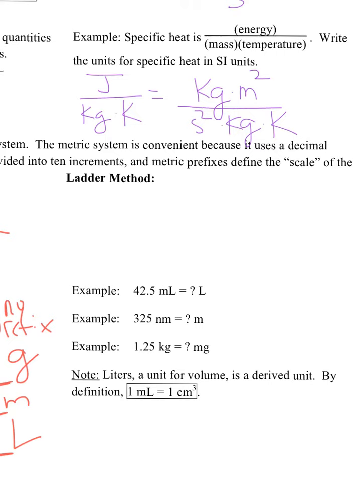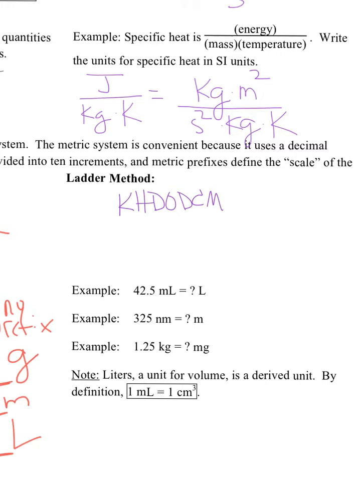It looks like this. I'm going to leave some space over here on both sides. KHDODCM. This stands for kilo, hecto, deca, and then the ones place, the base unit, and then deci, centi, milli.